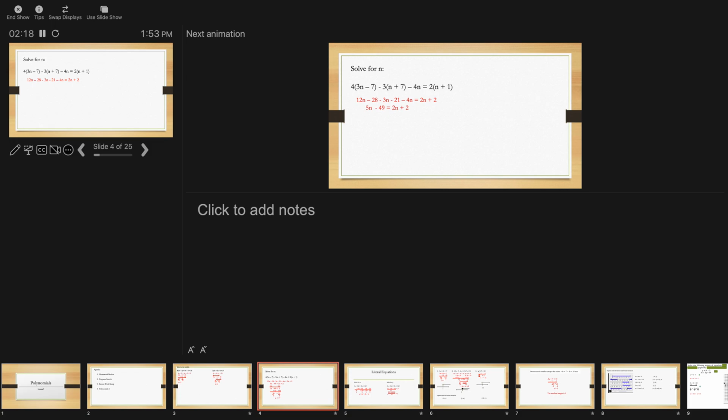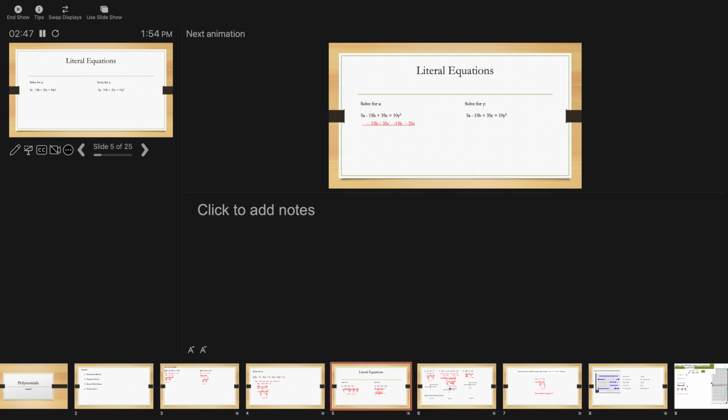Distributing, 12n minus 28. Distributing again, minus 3n minus 21. Minus 4n equals 2n plus 2. Same side, same operation, which means to combine like terms. 5n minus 49 is 2n plus 2. Opposite side now, subtracting the 2n, 3n minus 49 is 2. Adding the 49, 3n is 51. Dividing, and you get n is 17.